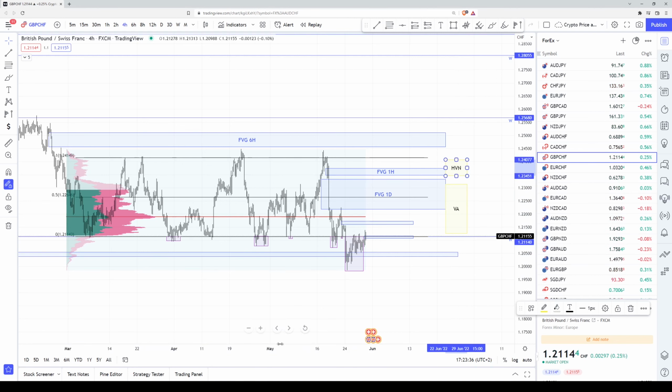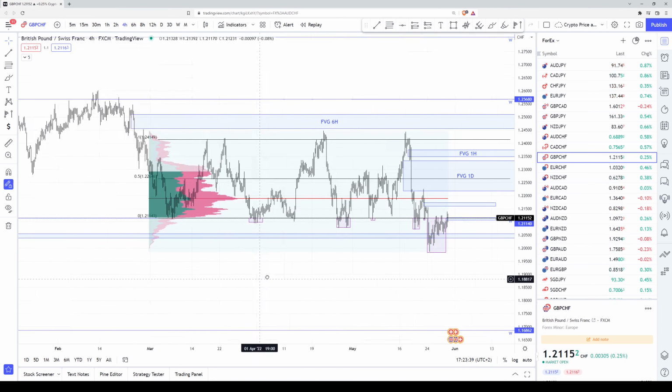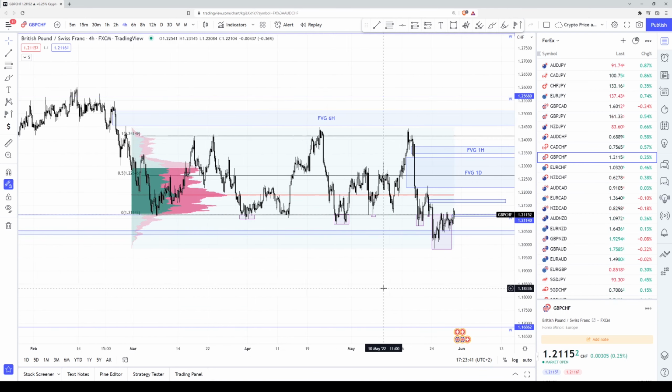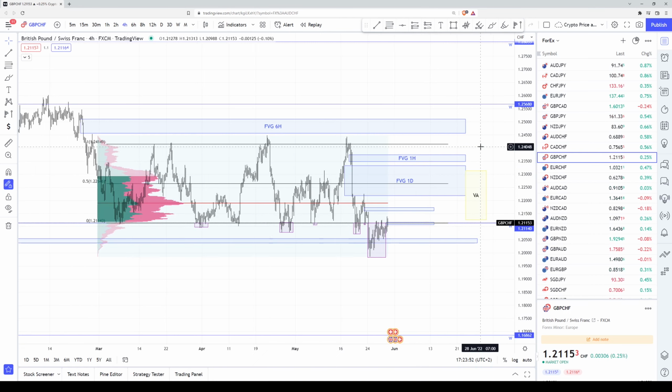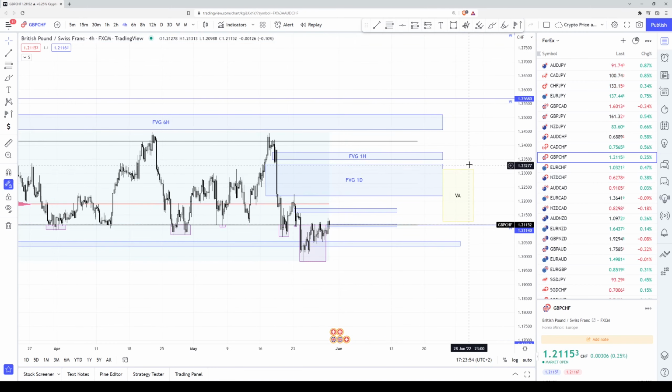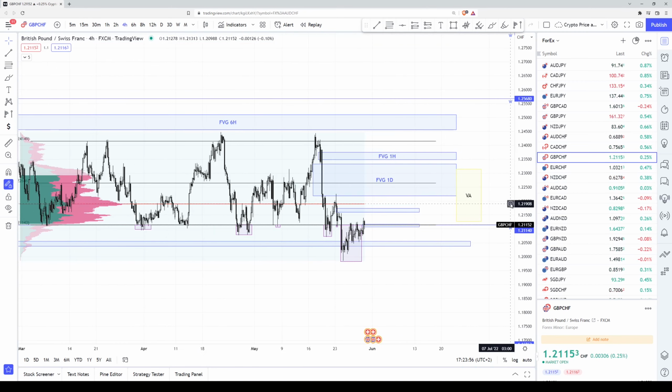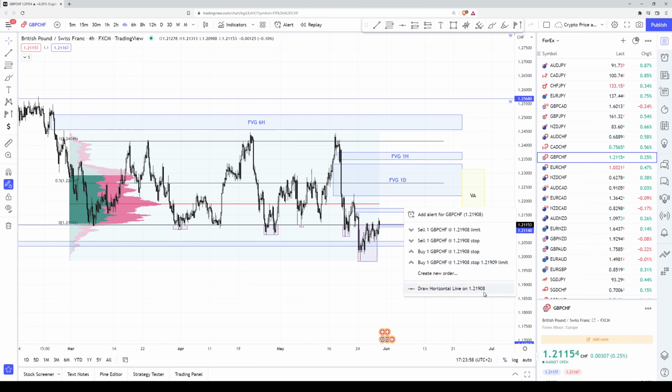I believe we can take off the high volume node. I think the reason I marked it as such before is just because it's a cluster of volume, but it's way less than the value area, and it's not something that's important enough, I believe. Right, the point of control is here.